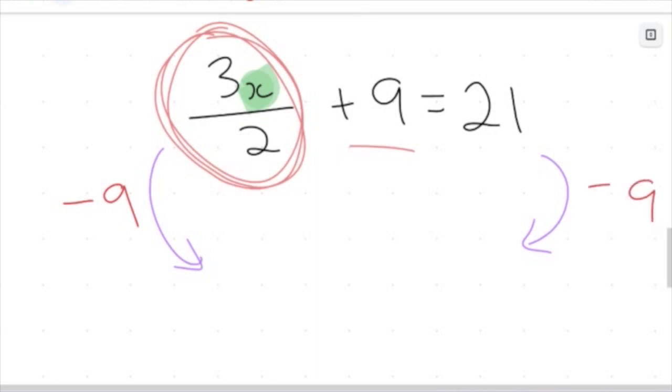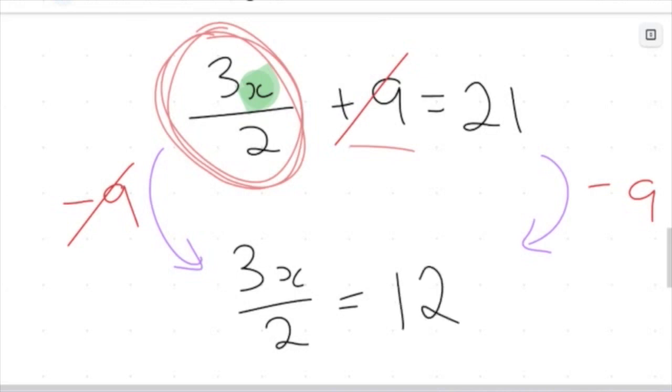Because adding 9 to something gives me 21, that something is going to be 9 less than 21. Now, that's going to undo my plussing 9 on the left-hand side. I'm going to end up with 3x over 2 equals 21 minus 9. That gives me 12.